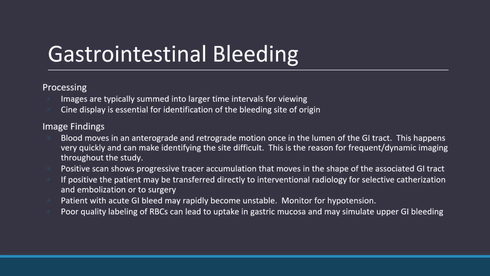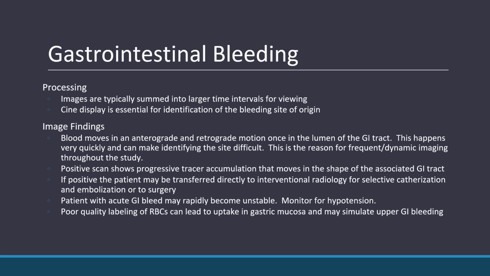And then a positive scan will show up as progressive tracer accumulation that moves in the shape of the GI tract. You'll start to see it moving through the bowel. If the patient is positive, they may be transferred directly to interventional radiology to catheterize or embolize that site of the bleed.